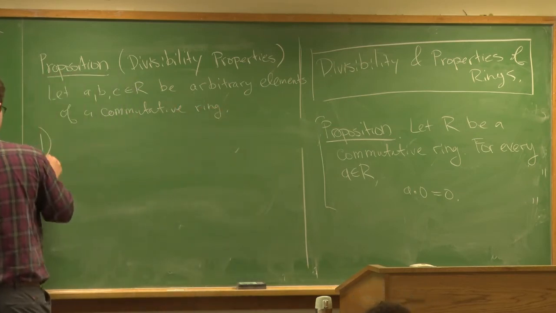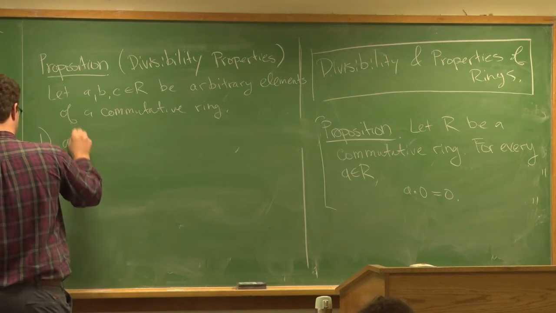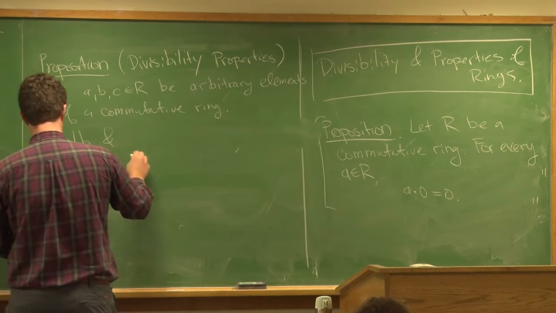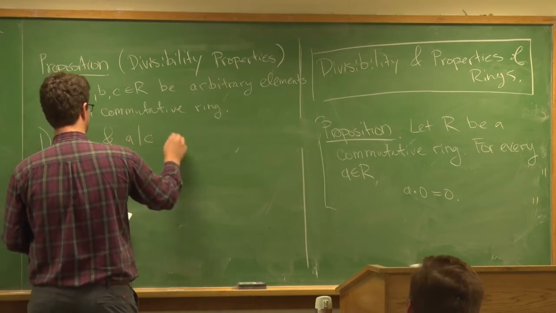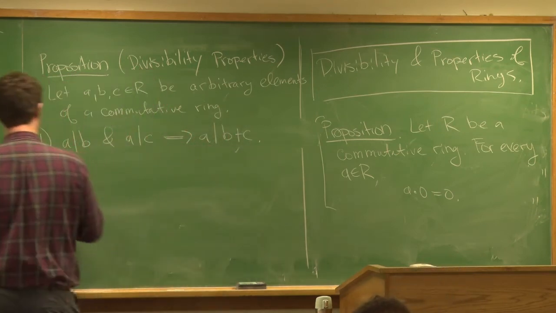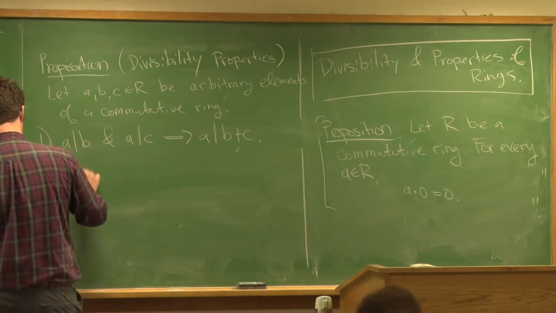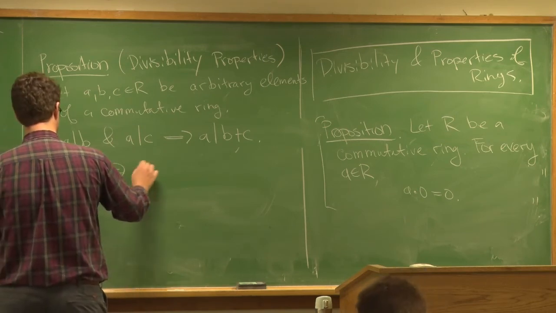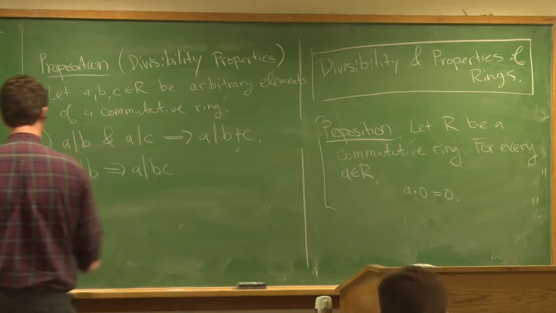Okay, and then we had the following properties. If A divides B and A divides C, this implies that A divides B plus C. This is one of the properties. And then I'm just going to copy the rest down. A divides B implies A divides B times C.